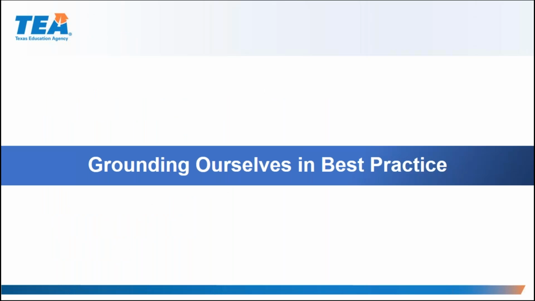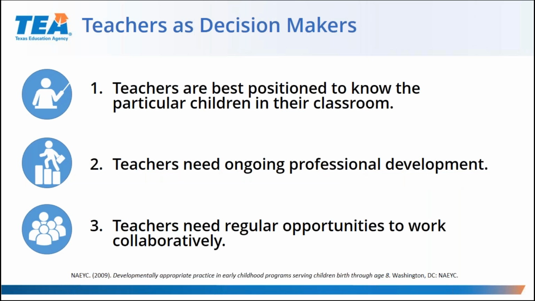So as we think about grounding ourselves in best practice, there's a few essential documents that we want to look at to make sure that the work we're doing around processes and structures to support alignment are rooted in what is known as best practice. The first of those documents is NAEYC's Developmentally Appropriate Practice position statement. And within that statement, there's a section on teachers as decision makers.